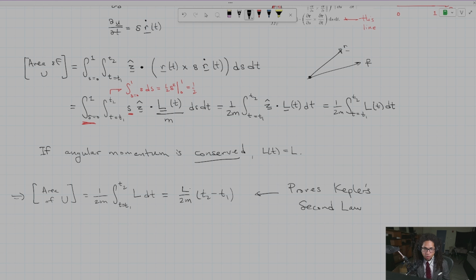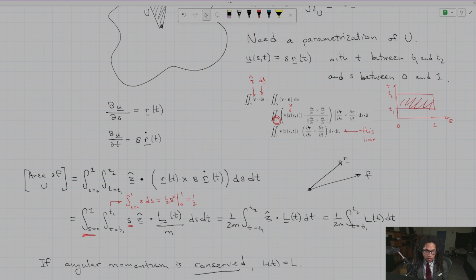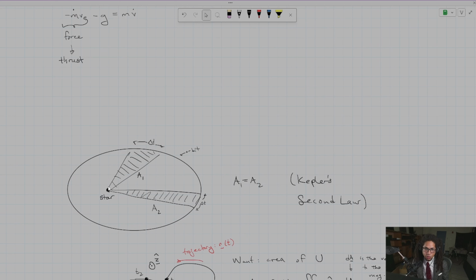All right, there is one more thing, which I've argued elsewhere in the video, but I want to state clearly here: we do need to show that angular momentum is conserved. In this case, angular momentum is conserved because there are no torques. In the situation we're looking at, the planet is being pulled on by the star, which lies at the focus.